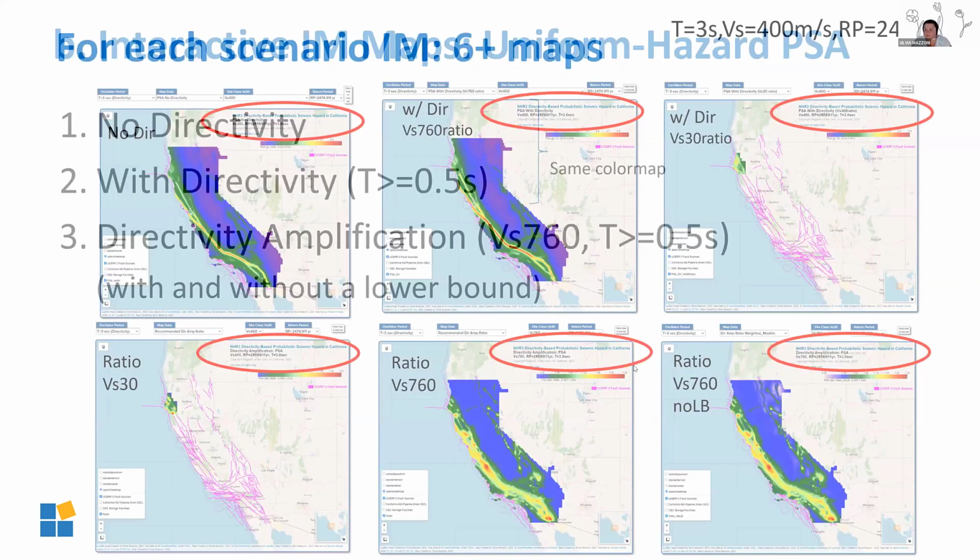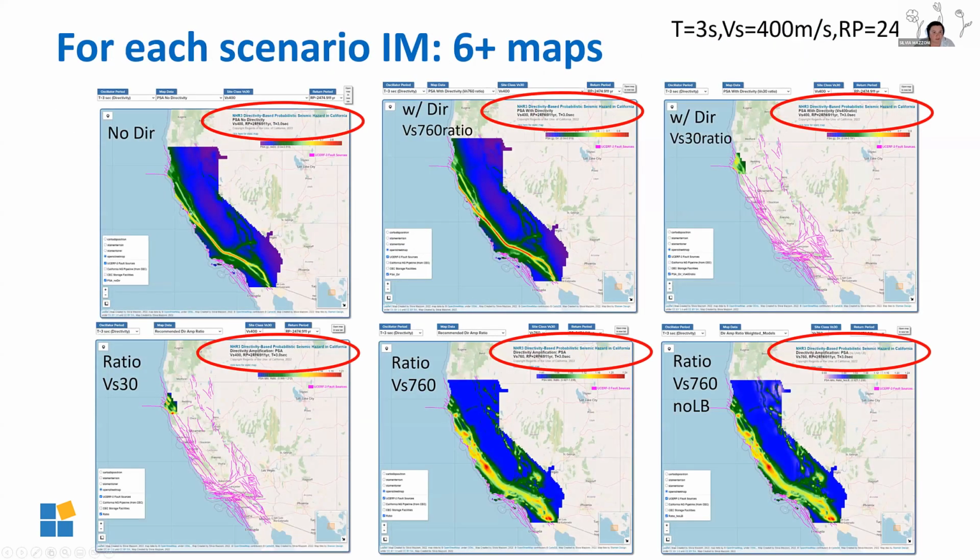So this is when the maps get fun. You can actually see every scenario, so every intensity measure, you've got at least 6 maps. You've got the PSA with no directivity, PSA with directivity using the amplification ratio of 760. Linda had talked about this in her presentation, that the directivity calculations were all performed for all sites at VS30 equals 760.